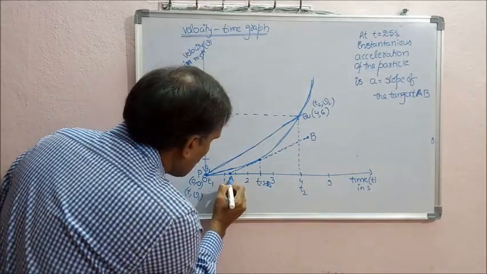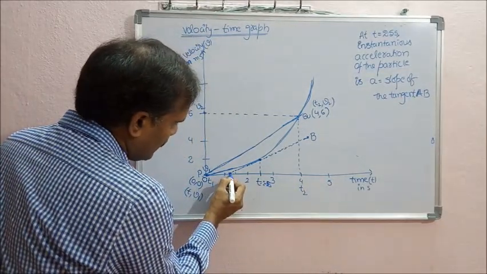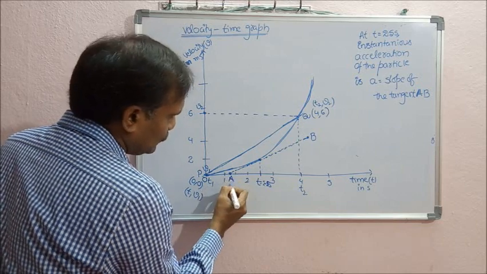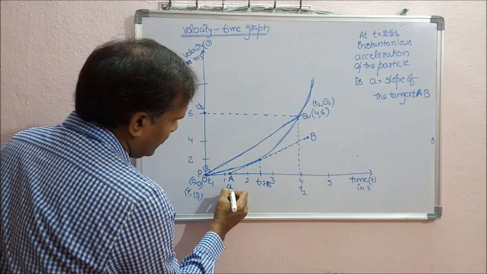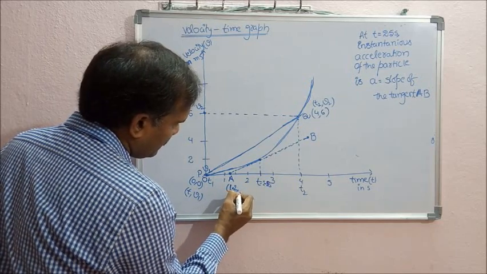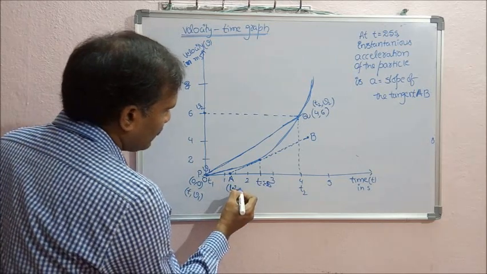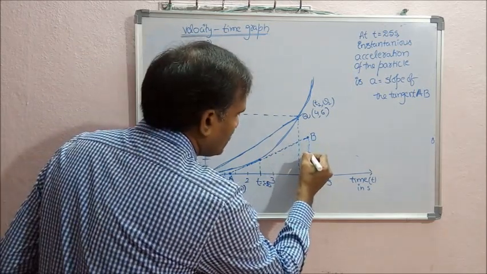Now, what are the coordinates of A? It is 1.2. You can assume t is 1.2 seconds, comma, corresponding velocity 0. Now you can draw a line in this manner.